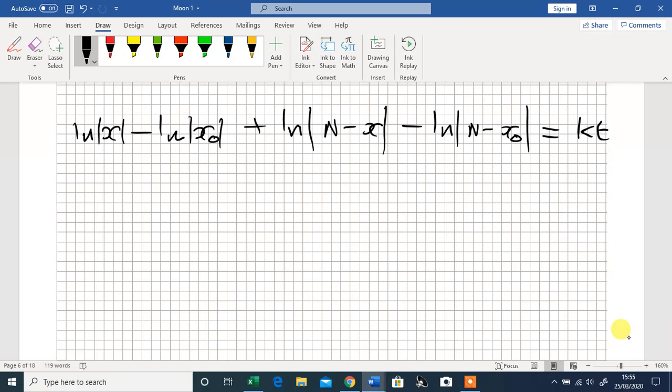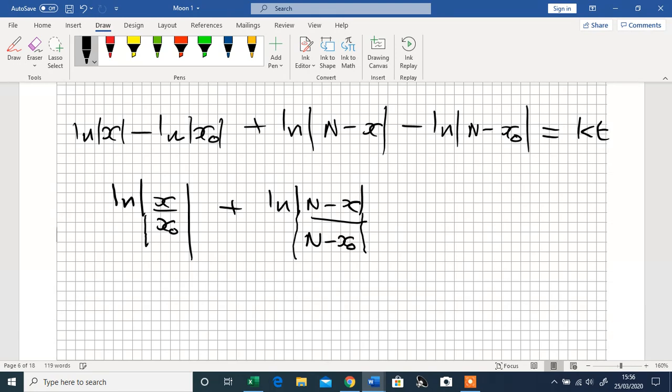So we've got the log of x over x naught, put the modulus signs in, plus the log of n minus x over n minus x naught, and that's equal to kt.